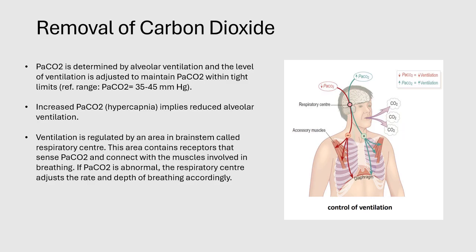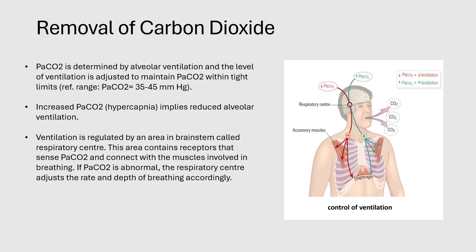Partial carbon dioxide pressure, or PCO2, is determined by alveolar ventilation, and the level of ventilation is adjusted to maintain PCO2 within tight limits between 35 and 45 millimeters of mercury. The deeper and faster the ventilation, the more PCO2 is removed. Increased PCO2, also called hypercapnia, implies therefore reduced alveolar ventilation.